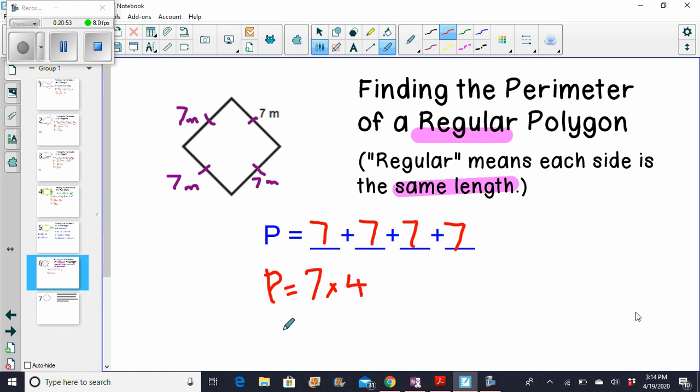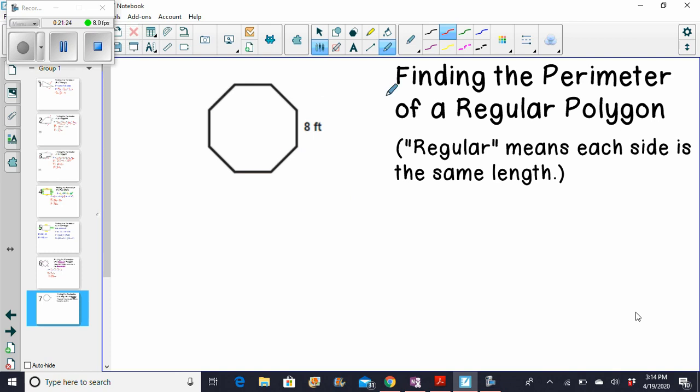Much faster. 7 times 4, hopefully you have your math facts in your brain. 7 times 4 is going to give you, you got it, 28. 28 what? That M means meters. So the trick here is, if you see the word regular, a regular polygon, each side is going to be the same length.